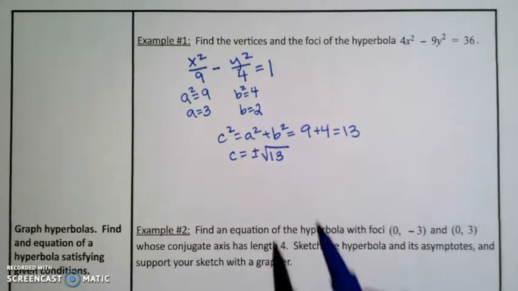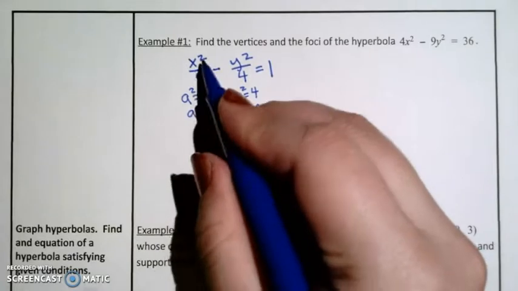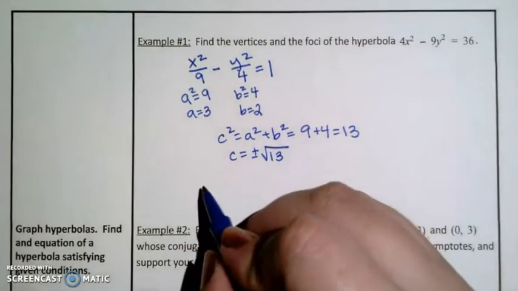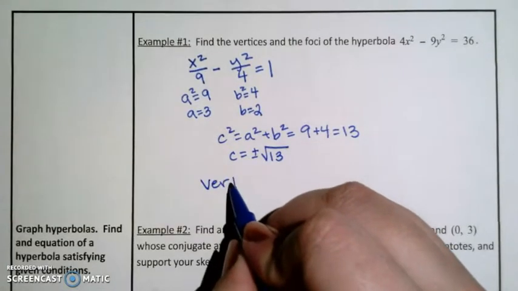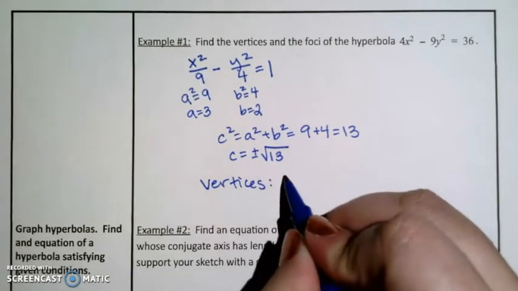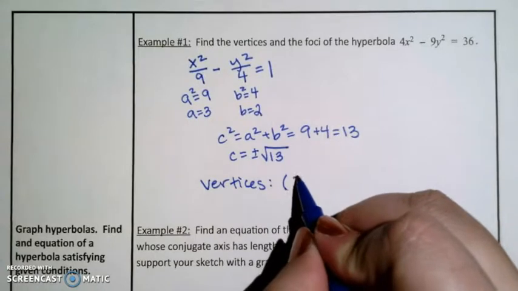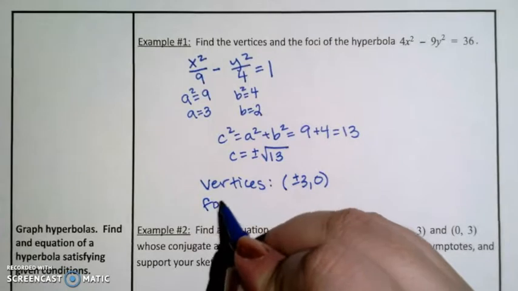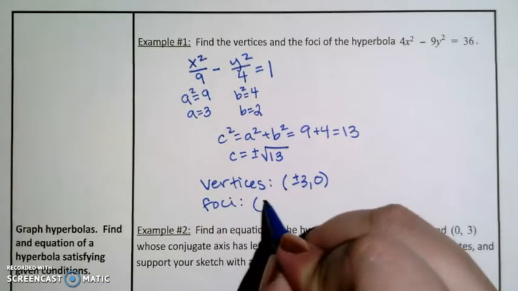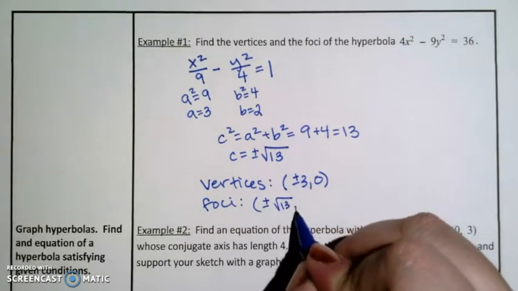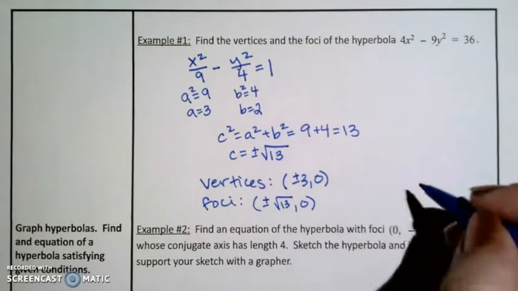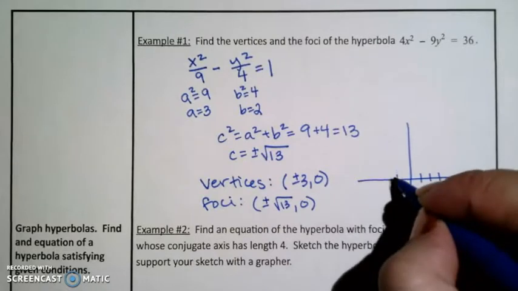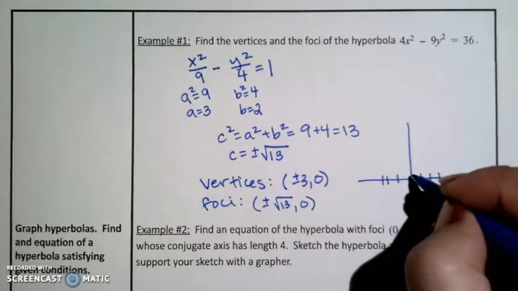What this tells me is that once again, our transverse axis is in the x direction. So vertices are at plus or minus 3, 0, and our foci are at plus or minus square root of 13, 0. So what this looks like when I graph it: 1, 2, 3, and 1, 2.